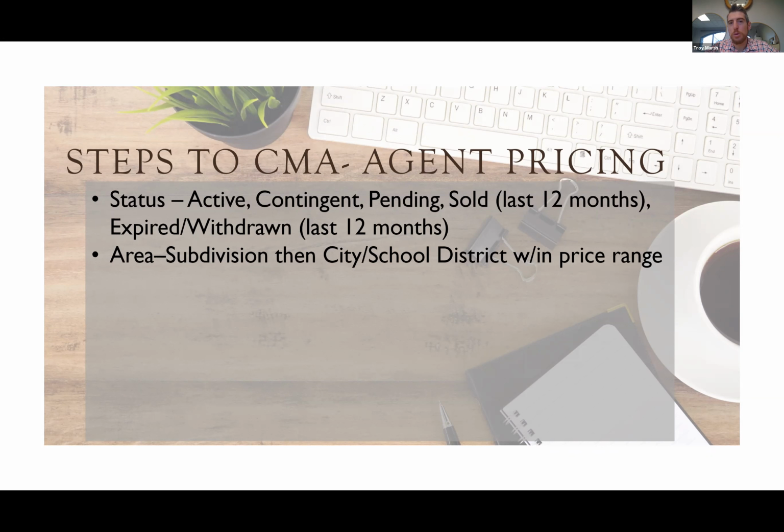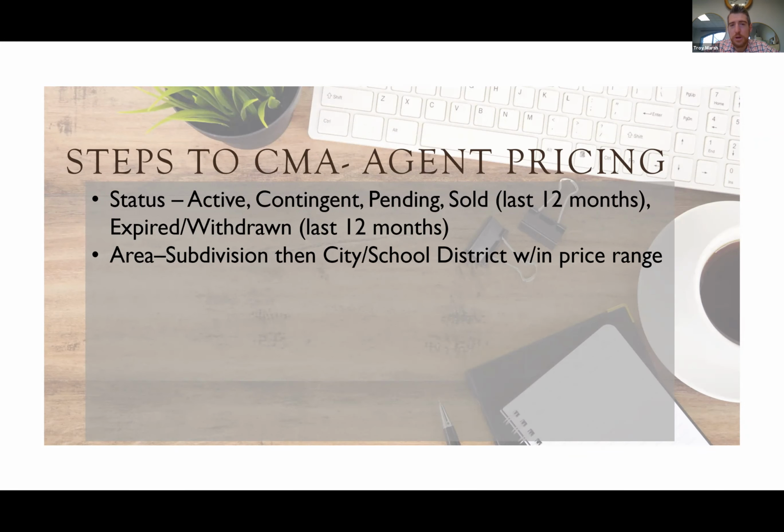I would also pay very close attention to school district, because oftentimes school district is going to matter. And if you're doing a rural property and you have no experience or knowledge about the area, I would strongly consider posting something in the Facebook page or asking somebody in the office, hey, who do you know that sold some property in that area? And maybe have a 5-minute conversation about which school districts are good.